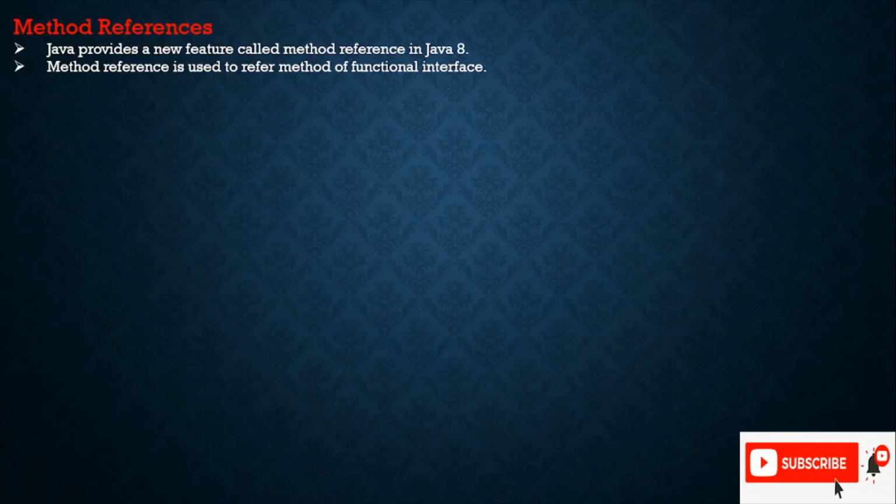So what is the benefit of method reference? Let's first understand that. Instead of providing the implementation, we are going to refer to a method of another class.